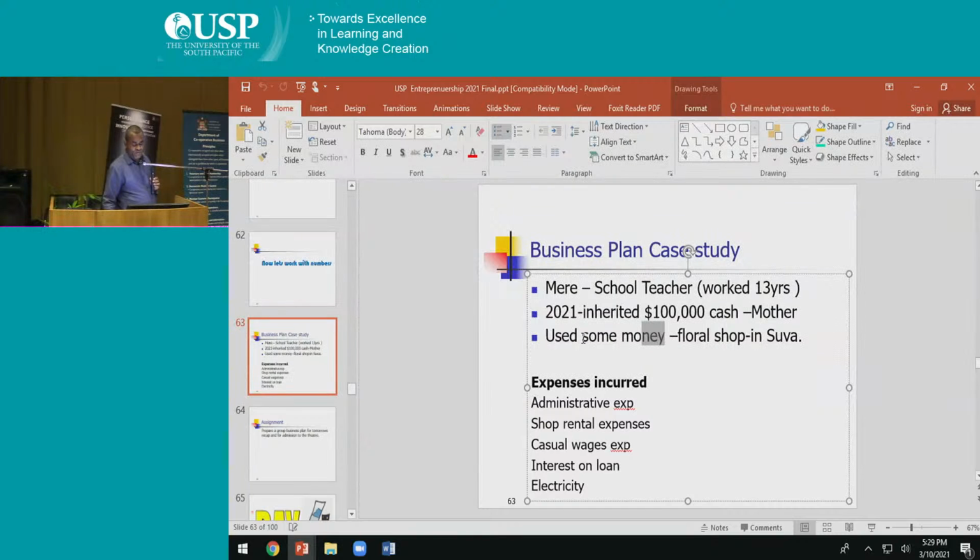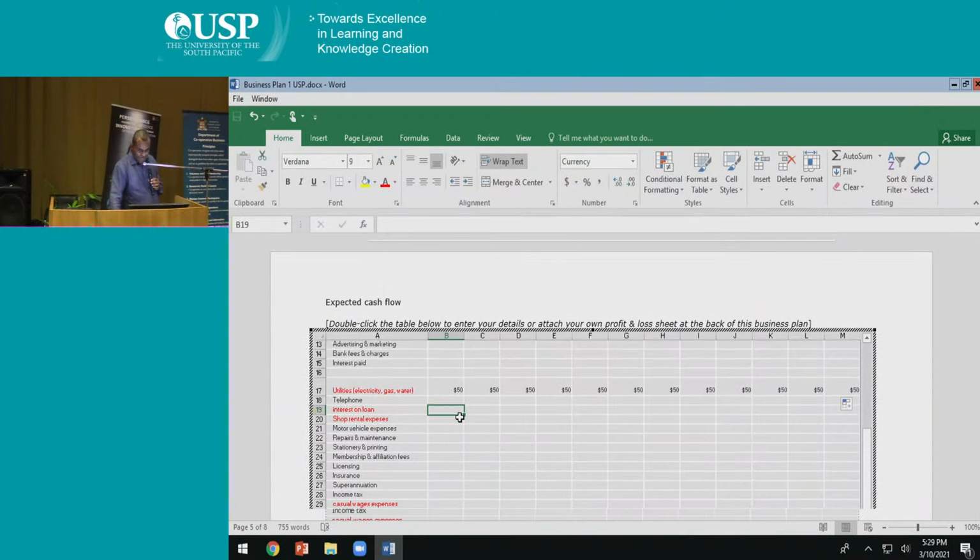It means if her project cost, project meaning the business, is 20,000, and her contribution is 15, how many is left? 5. Maybe she loaned 5. Okay, and her payment is maybe $100 interest per month.